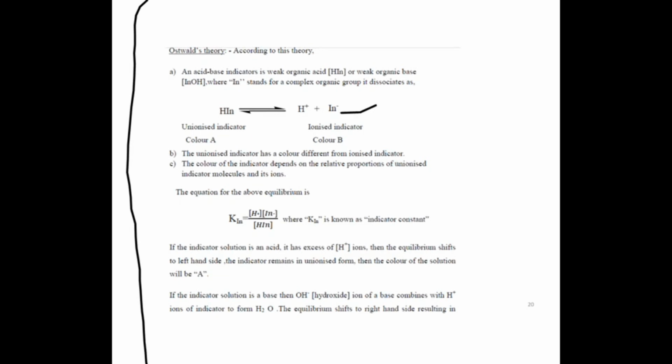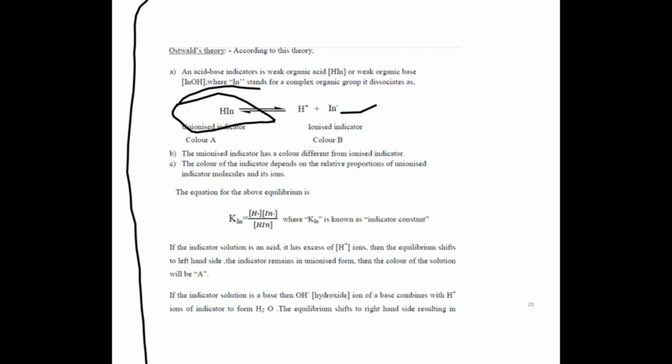So here an acid base indicator is a weak organic acid, which can be denoted by HIn, or a weak organic base.